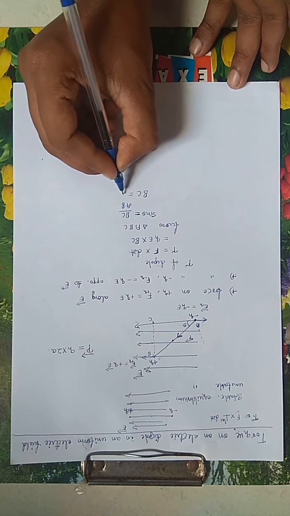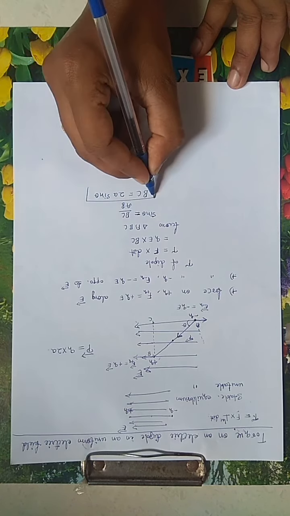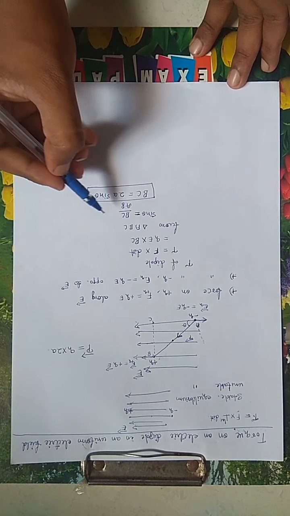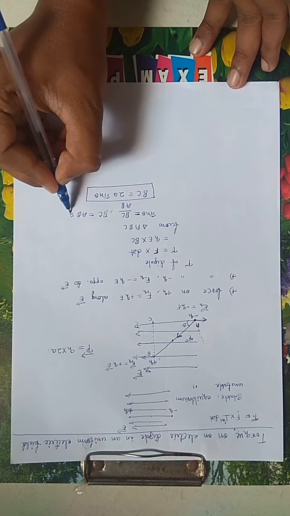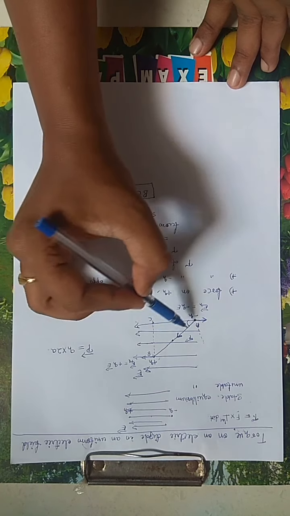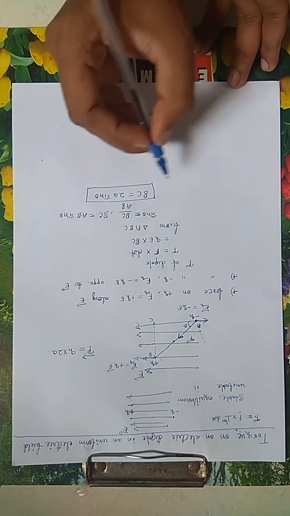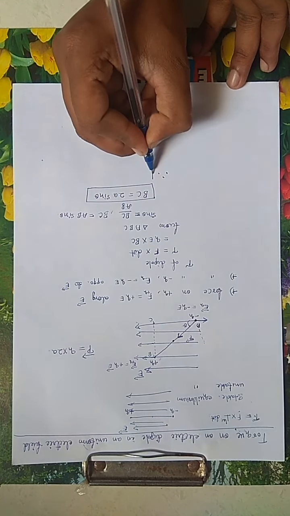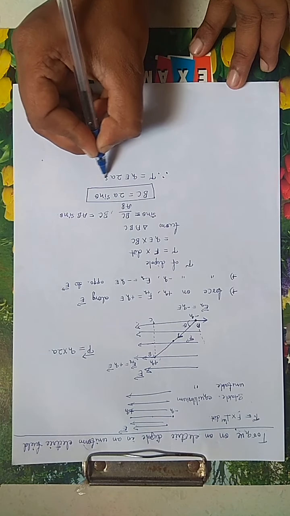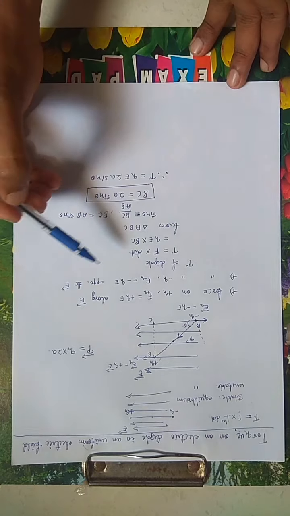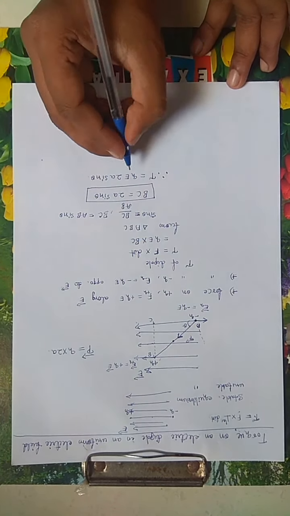So BC equals AB sin theta. What do you mean by AB? AB is the distance 2a. So BC equals 2a sin theta. Therefore tau equals qE into BC, and BC means 2a sin theta, so tau equals qE 2a sin theta.